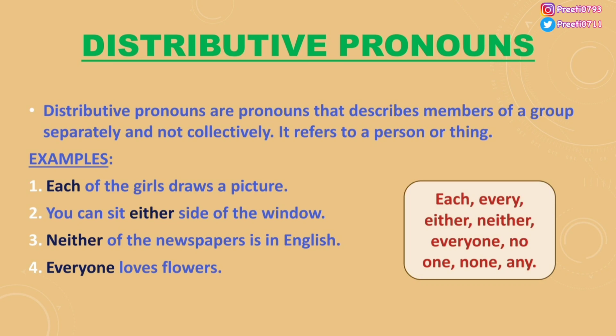Look at the examples given here. It says, each of the girls draws a picture. So here the word each is referring to all of the girls, but not collectively, in fact separately. So the examples of distributive pronouns are each, every, either, neither, everyone, no one, none and any.